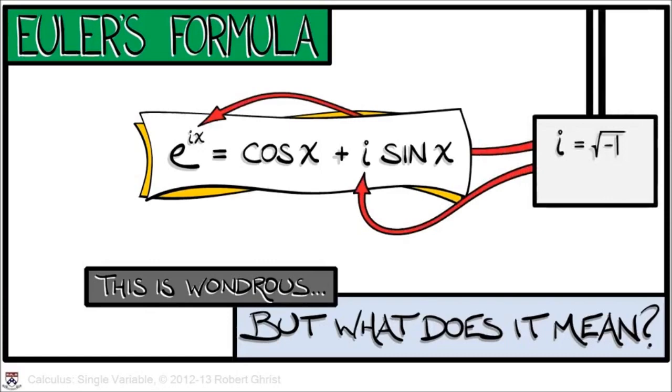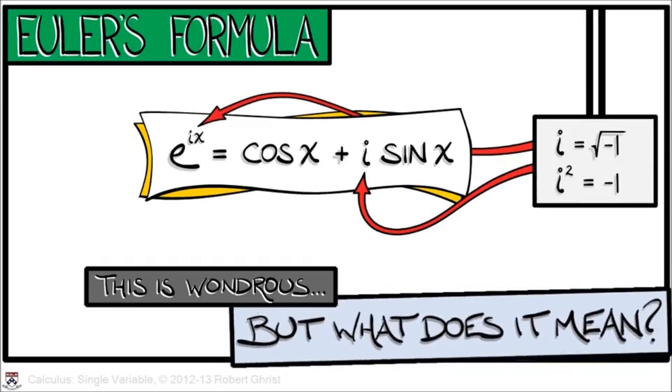I am sure that you've seen before the notation for the square root of -1, the primal imaginary number i. That is what is meant in Euler's formula. It has the property, of course, that i squared is equal to -1. Well, this is a formula. It's a true statement. But what does it mean?